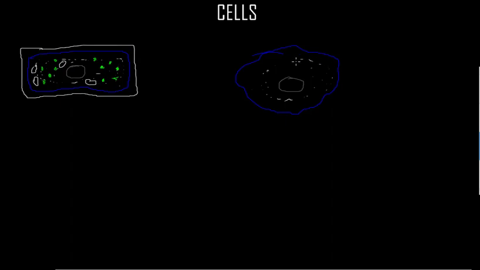So these are basic structures that the cell has, but cells have more than these structures, which you will get to learn about more as you go to grade 9, and as you go to grades 10, 11 and 12. But these are the basic structures of the cell.